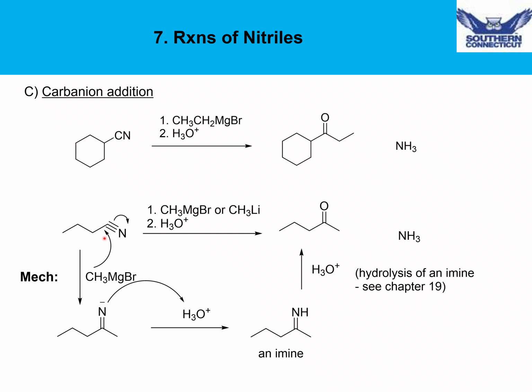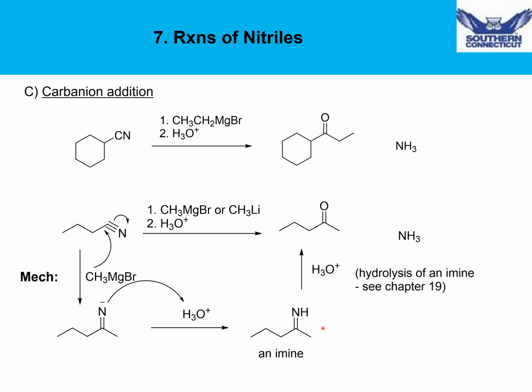Here's a look at another example and the mechanism involved. If we use methyl Grignard, the carbanion here, the methyl group, will add to the carbon of the nitrile, break one of the pi bonds of the nitrile, leading to this imine anion, which will be protonated by aqueous acid to give us initially an imine.